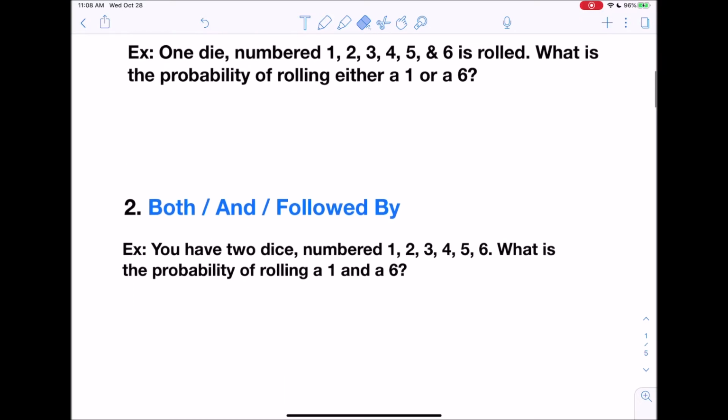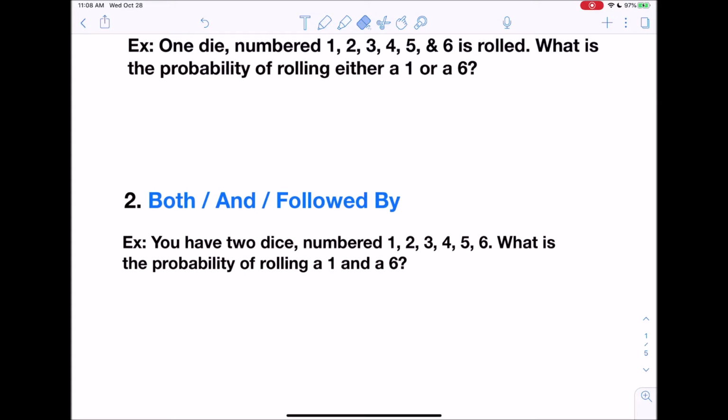The second type of compound event is a both/and, or followed by. This type of event we're going to look at in a separate video. An example of that would be you have two dice now, numbered 1, 2, 3, 4, 5, and 6, so just standard dice.